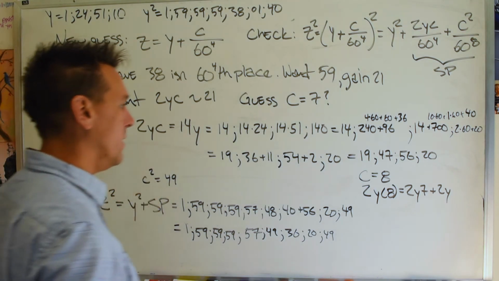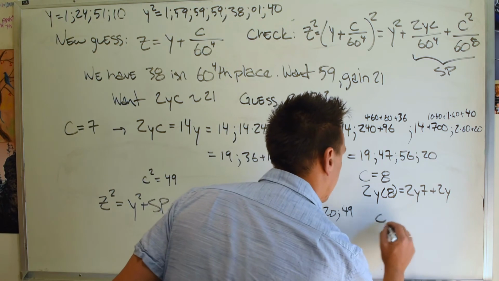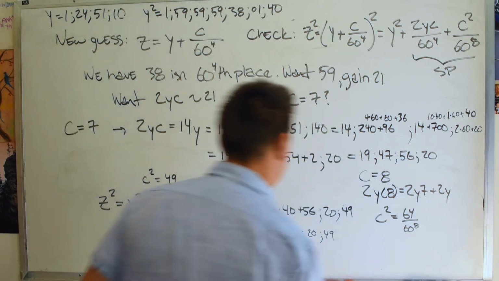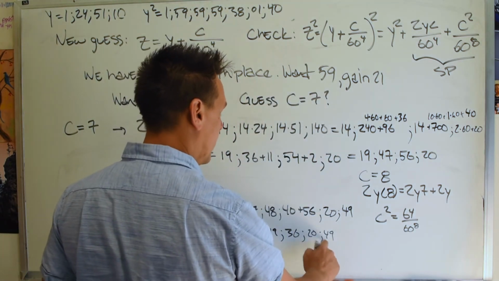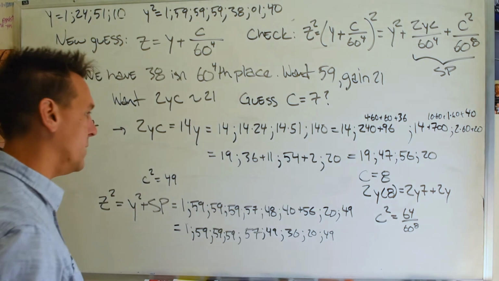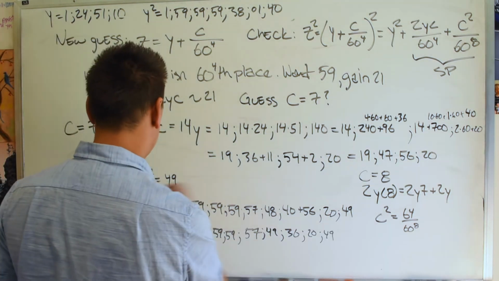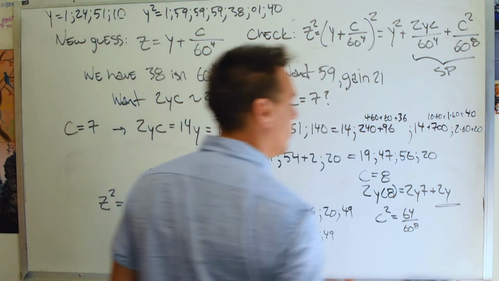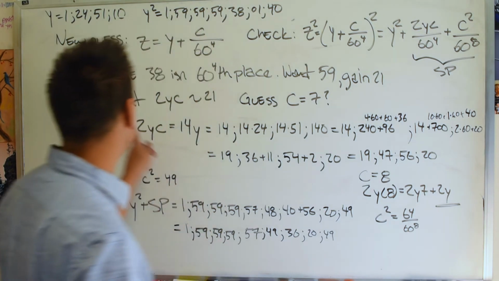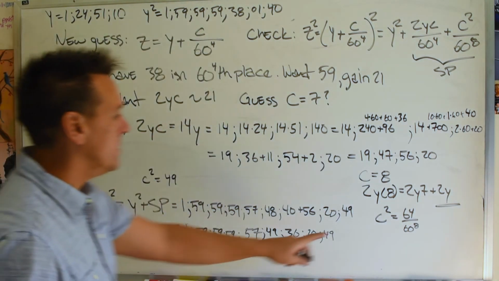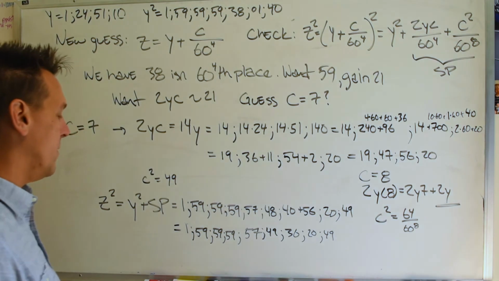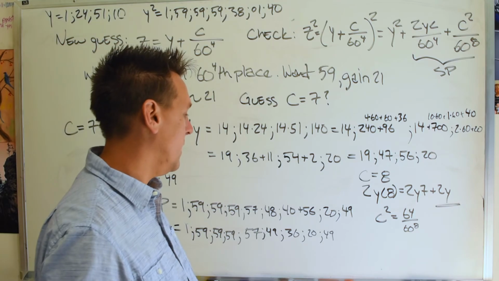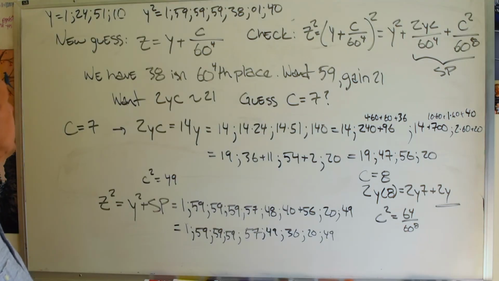For c squared, I'm going to get 64 over 60 to the 8th. So instead of 49 over there, I'm going to have 4 here, and then I'm going to get 1 more in that last place. So the difference between this number here and with c equals 8 is I need to add the 2y to it, because I just figured out what 2y times 7 is. That's right here. And then c squared's difference from that number right there is the only contribution from c squared. And so, okay, how do I figure out what 2y is?